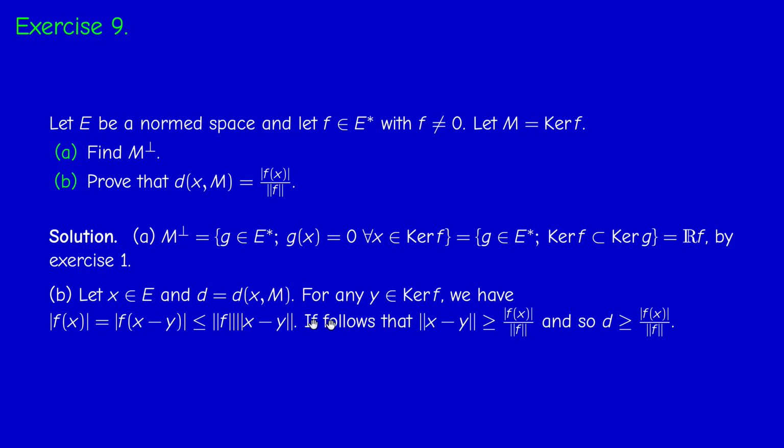So the norm of x minus y is bigger or equal than the absolute value of f of x over the norm of f, but this is true for every y in the kernel. Therefore, the infimum of the norm of x minus y, as y varies in the kernel, is bigger than this. This is a lower bound, and the infimum is the greatest lower bound. But the infimum of this quantity is precisely the distance, by definition of the distance from a point to a set. So we have this inequality.